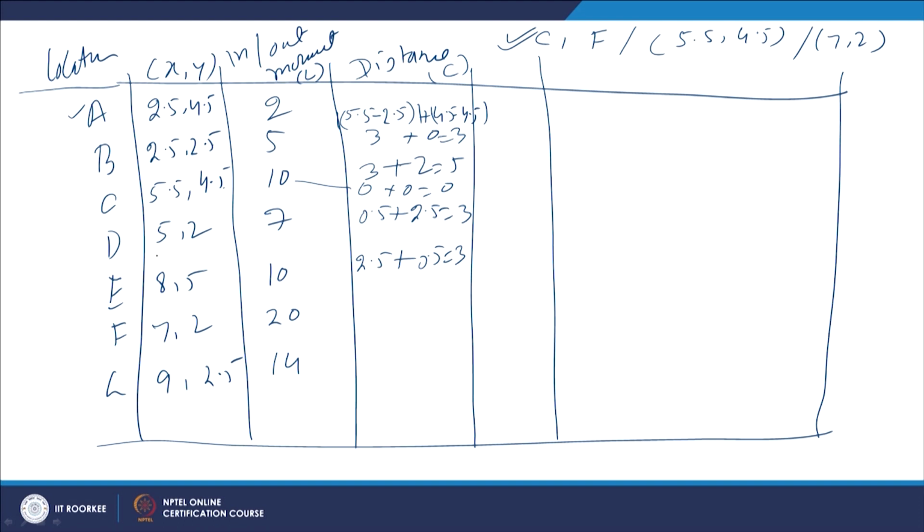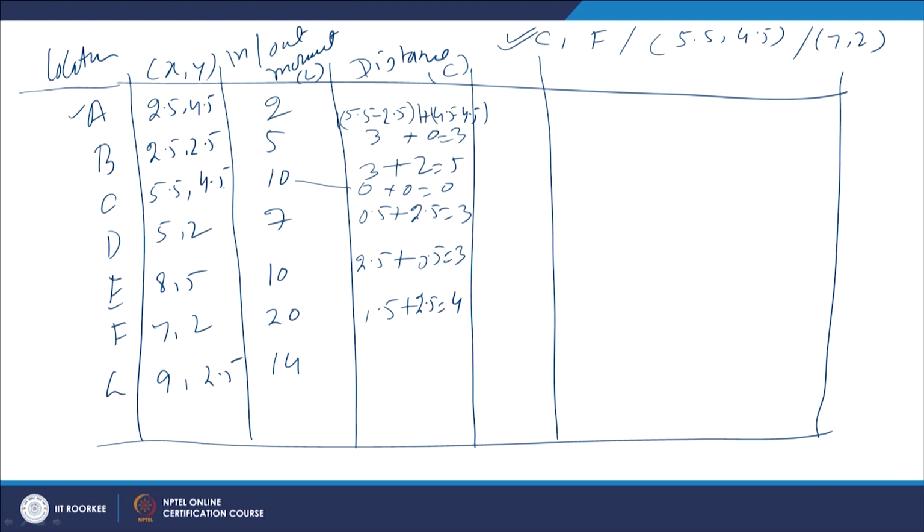Now, the difference of 7 and 5.5, because we are considering the distance to be travelled between the C and F locations. So, it will be 5.5 minus 7, so it is 1.5, and then 4.5 minus 2, so it will be 2.5, sum is 4, that is the distance travelled.